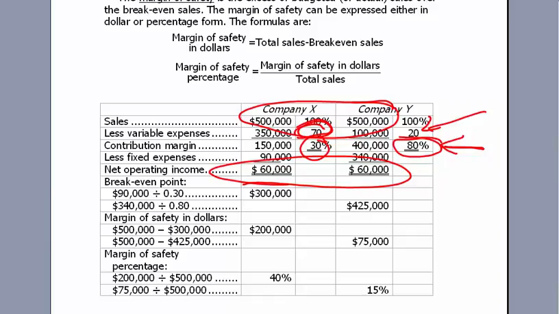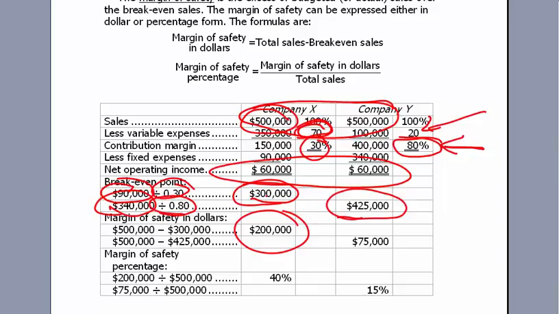If we take the fixed cost divided by the contribution margin, then we see that the break-even's 300. If we have 500 in sales compared to 300, the difference is we've got $200 that we could lose in sales before we hit the break-even point. The second company, Company Y, takes its fixed expenses divided by its contribution margin.